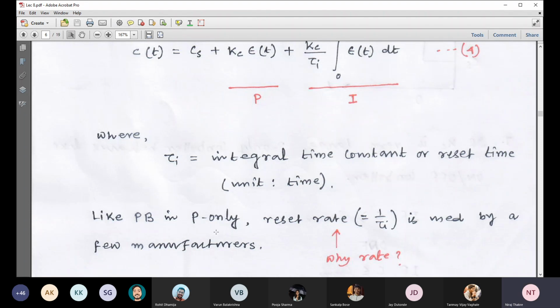So in some software, either Kc or proportional band is the tuning parameter for the P only controller. Similarly, for the PI controller, sometimes tau I or maybe 1 by tau I is used as the tuning parameter. So 1 by tau I we call the reset rate. Why is it a rate?